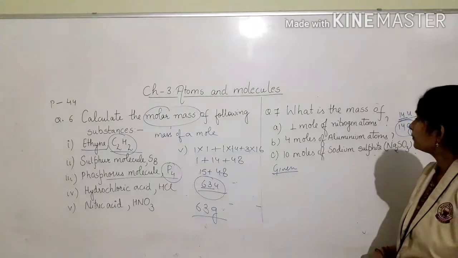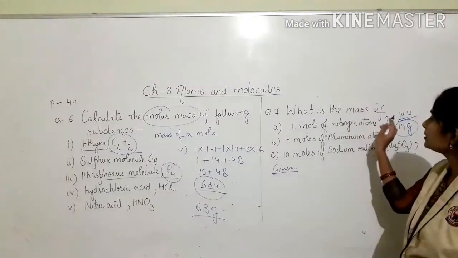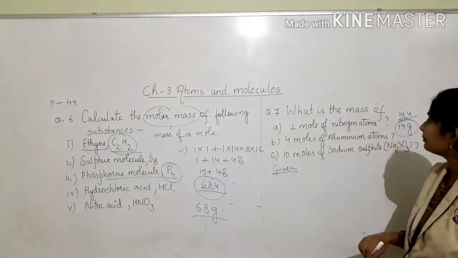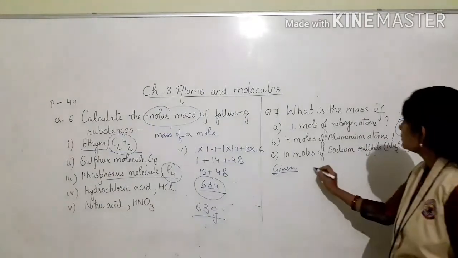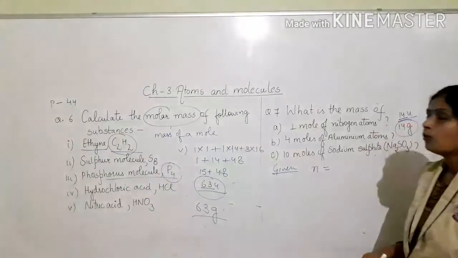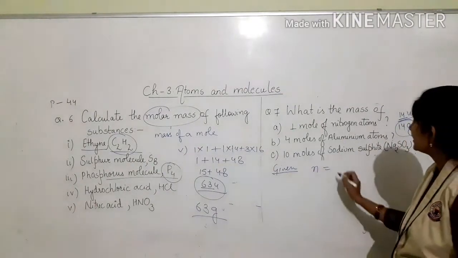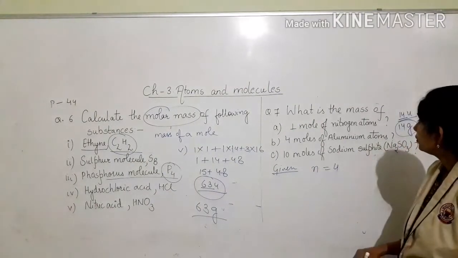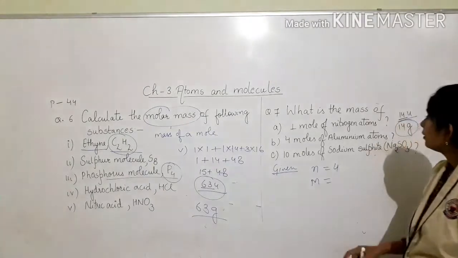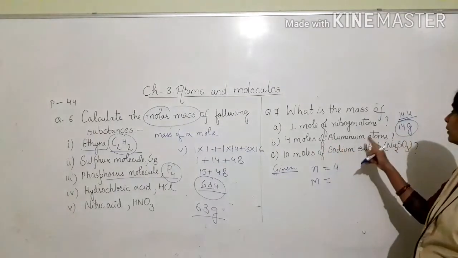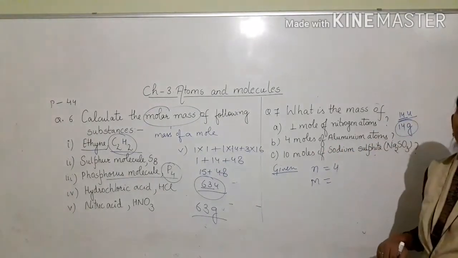Now, B part. What is the mass of 4 moles of aluminium atoms? Okay. So, how many moles are given? 4 moles. So, number of moles, small n, is equal to 4. Okay. 4 moles of aluminium atoms are given.